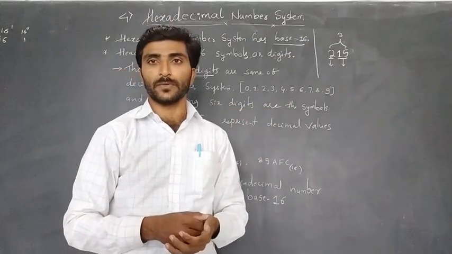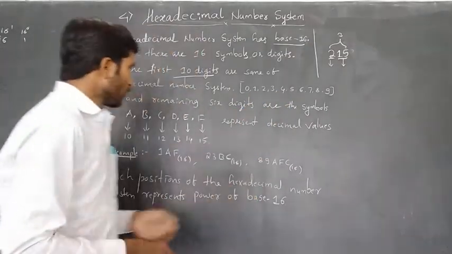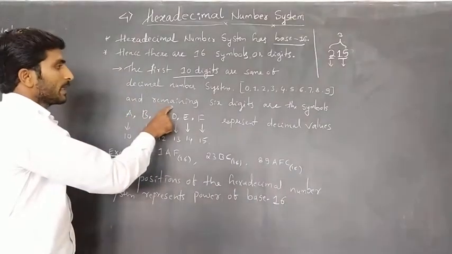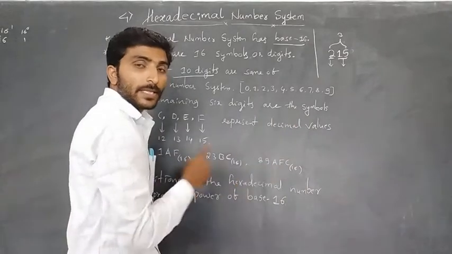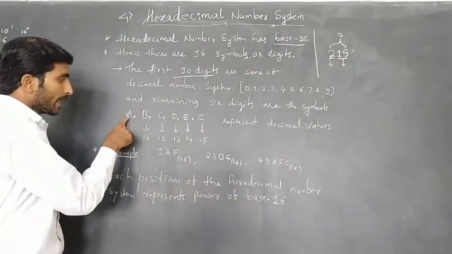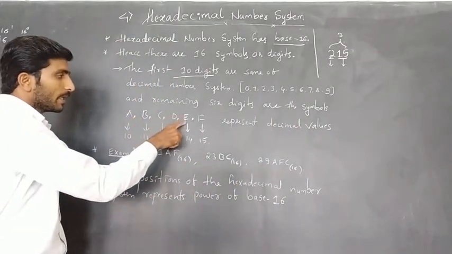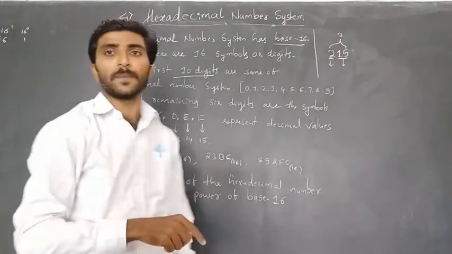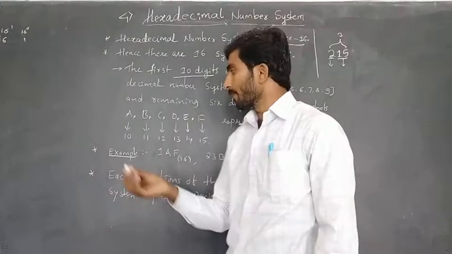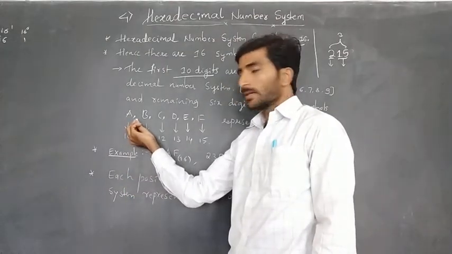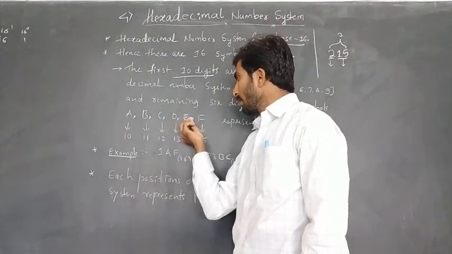Those are the remaining 6 symbols or characters: A, B, C, D, E, F in capitals.